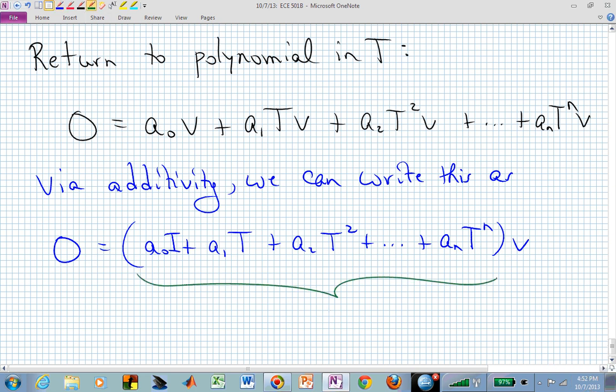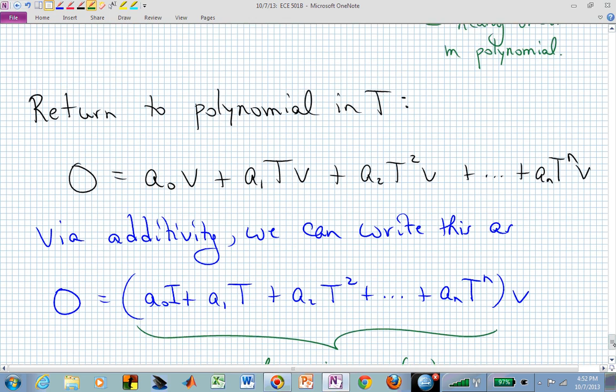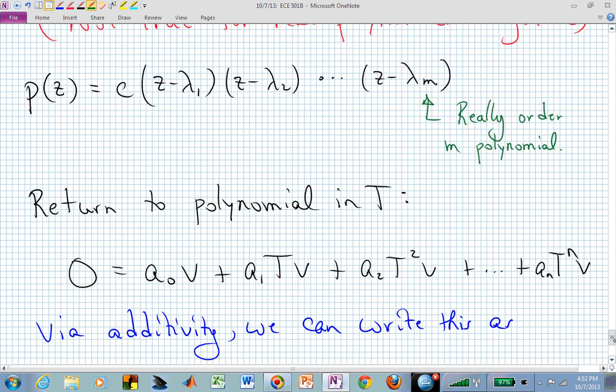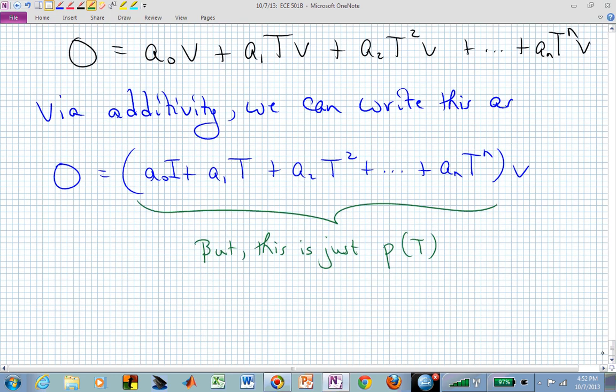But that's this polynomial in T, where we were saying it could be this polynomial in z. And what do we do now? Now we can factor this in terms of linear factors in T.